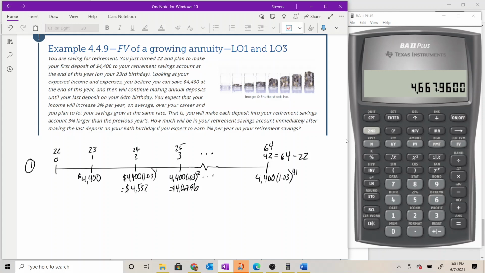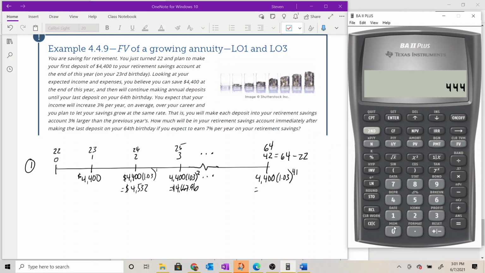Under the second tick mark here, I've got my exponent raised to the 1. Under the third tick mark, our growth factor is raised to the 2. So our exponent on the growth factor in this particular setup is 1 less than the tick mark that it appears under. So we can follow that pattern to figure out what the last cash flow is.